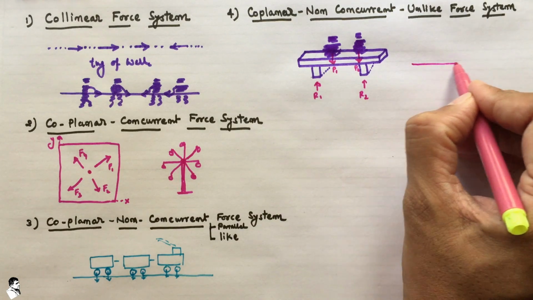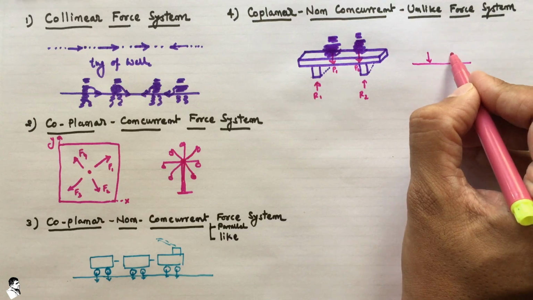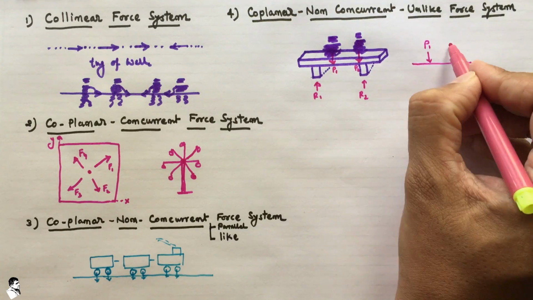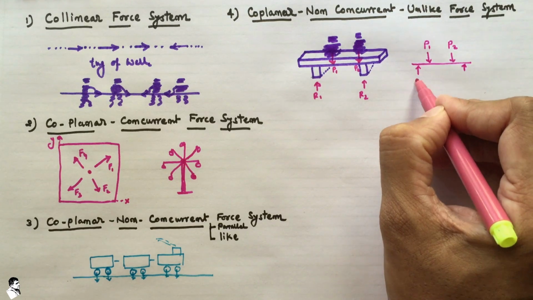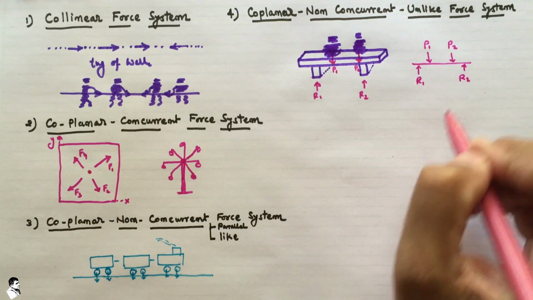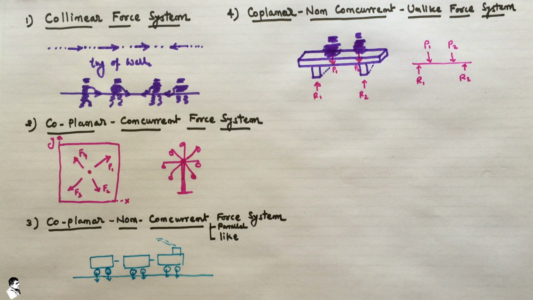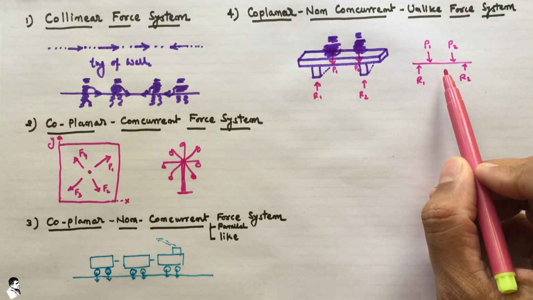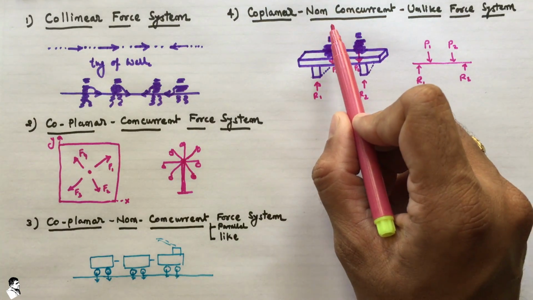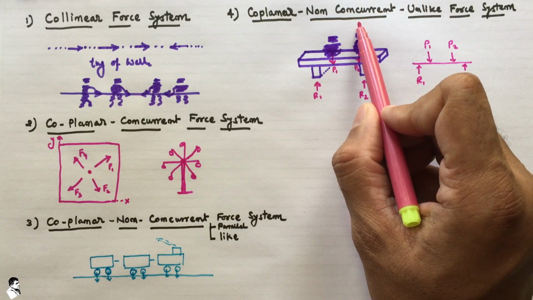In the free body diagram, if I draw that, it will be P1, P2, and here R1, R2. Now P1, P2, R1 and R2 are the forces acting in the same plane, so that's why it is coplanar. Is it meeting at the same point? No, so that is non-concurrent forces.